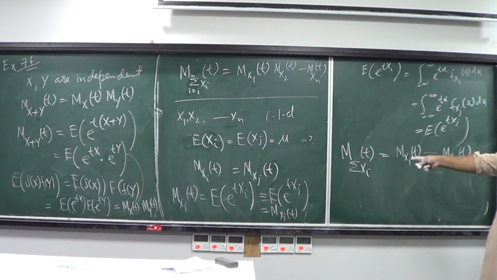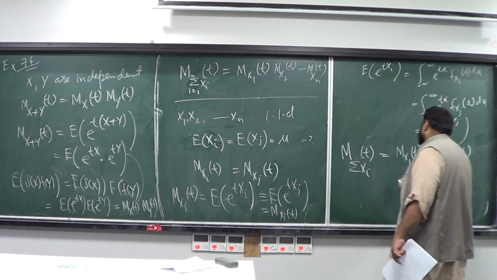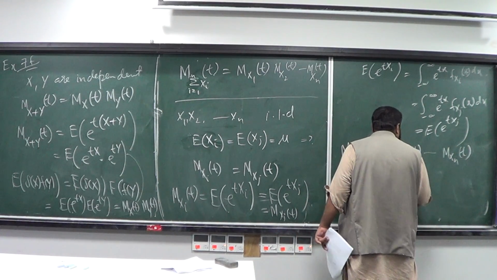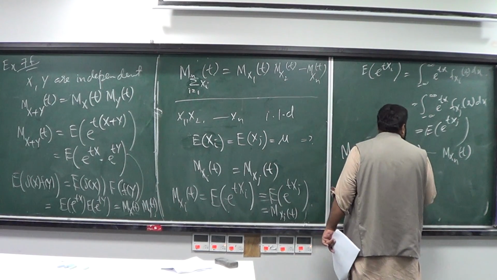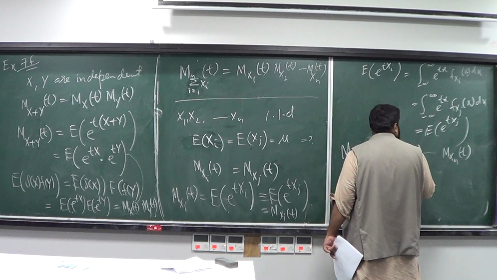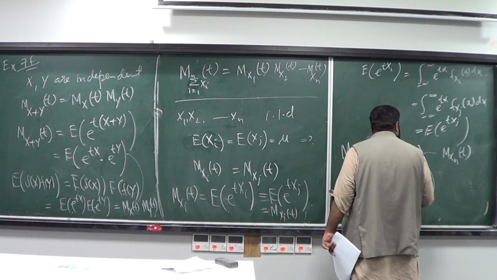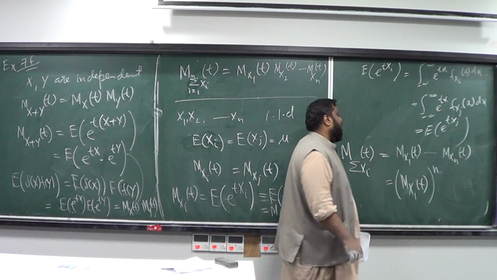So this is the same as the moment generating function of x1 of t, so it's like the moment generating function of x1 of t to the power n.